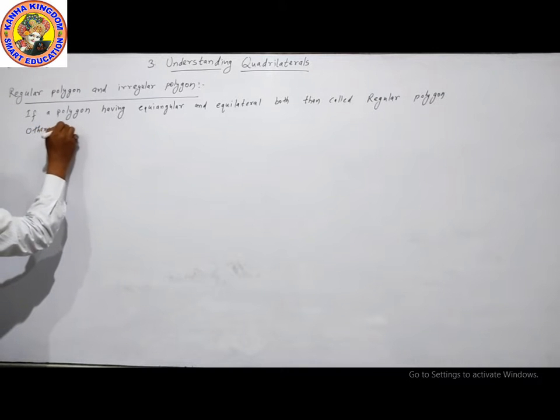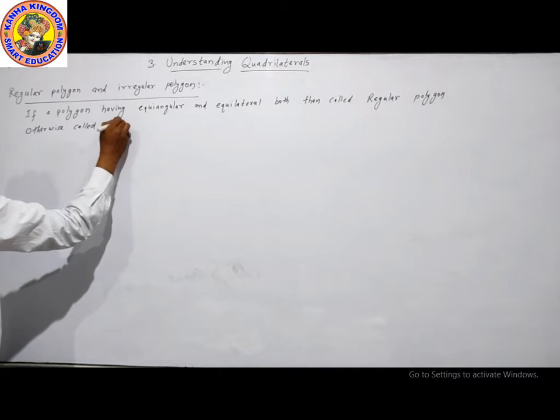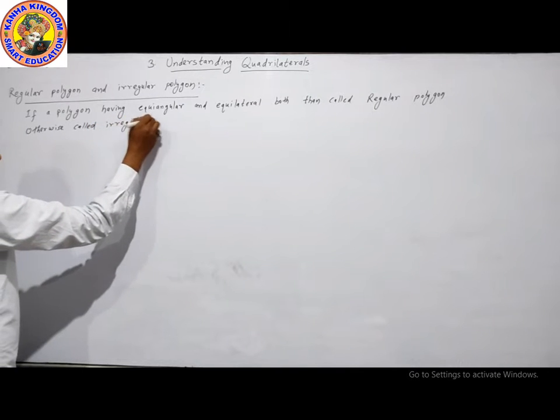Otherwise, it is called an irregular polygon.